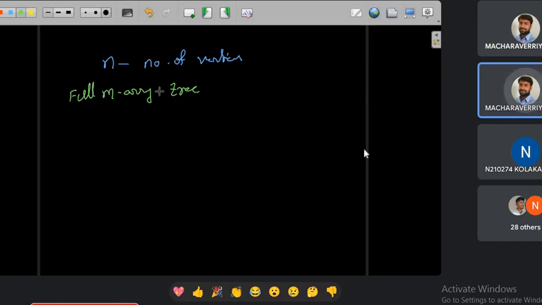Okay, so if you take a full m-ary tree, we can say the number of internal vertices here are nothing but, what is it? We know the relation. The relation is n equal to mi plus 1. Okay, so therefore i will be equal to (n minus 1) by m. So this many internal vertices we will have, and now the question is how many leaves it has.